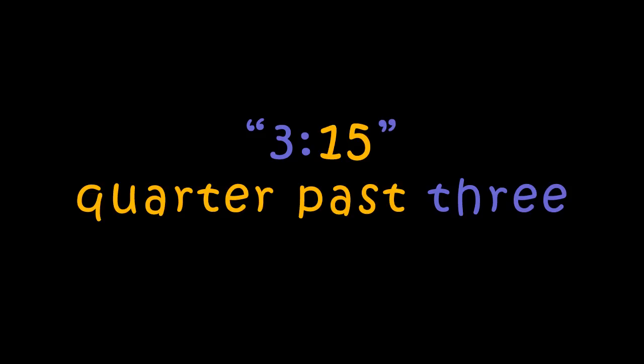It's almost always read as quarter past 3. So try to remember that whenever the long hand is on the 3, when it's 3:15, we say quarter past the hour. When the long hand is on the 6, we say half past the hour.